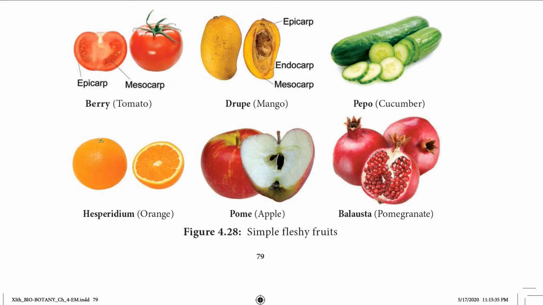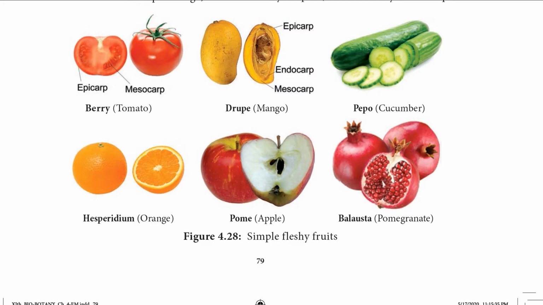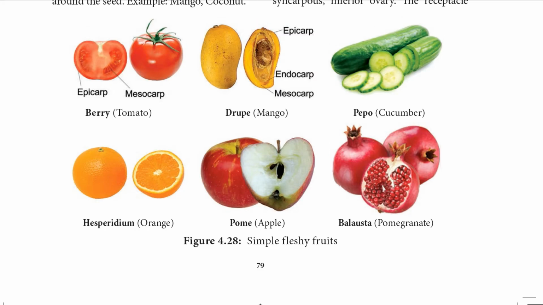The fourth type is called as Hesperidium. Here the fruit will develop from the multicarpellary, multilocular syncarpous superior ovary. I hope you all know what is multilocular syncarpous superior ovary. The fruit wall here is differentiated into leathery epicarp.